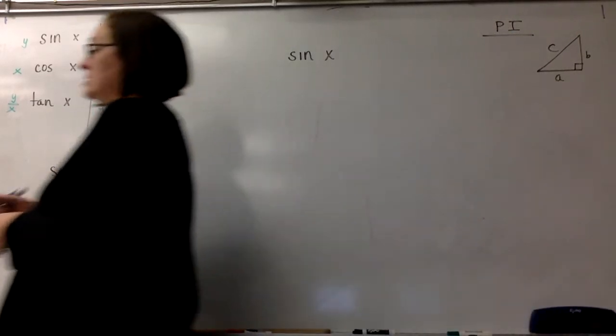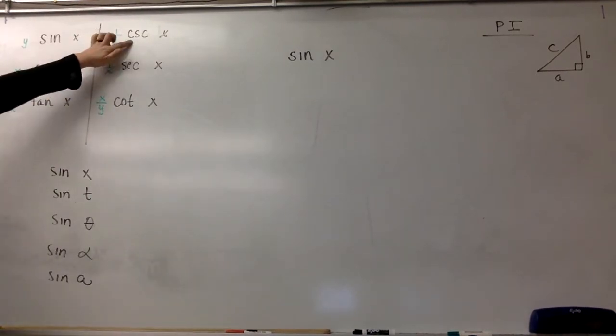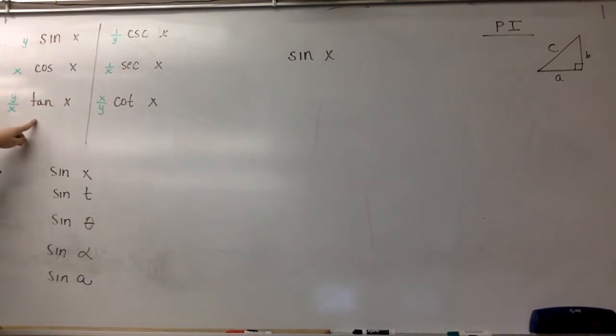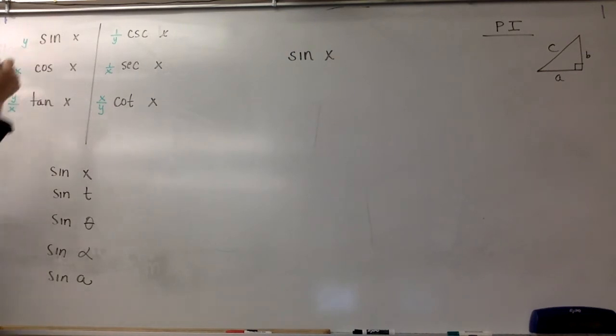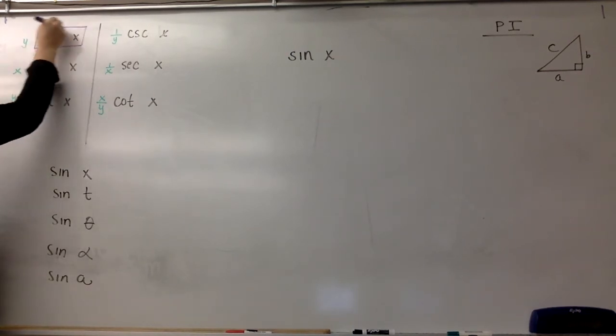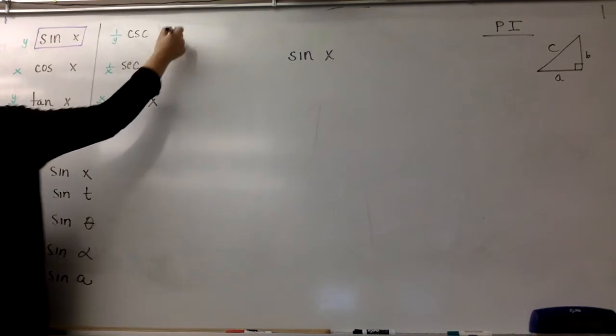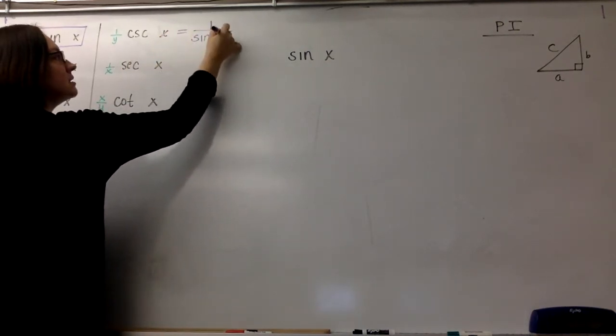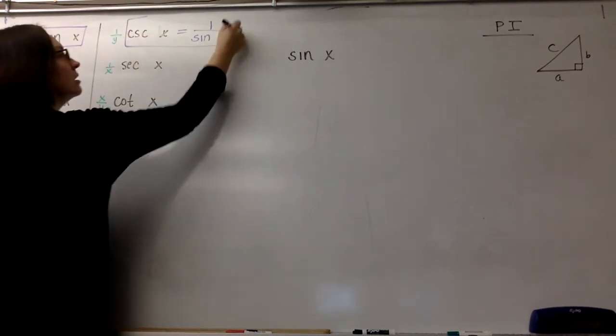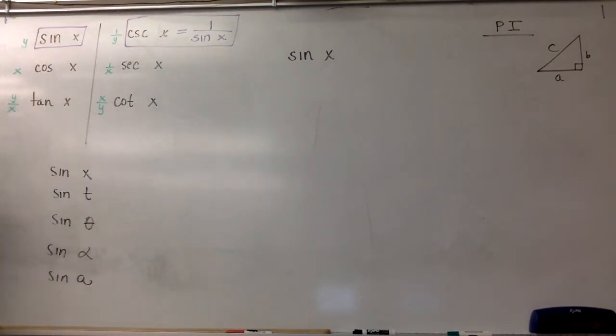The reason why I want to review them is because we are now going to take cosecant, secant, cotangent, and tangent, and we're going to redefine them in terms of other expressions. So here's what I mean by that. Sine of x is sine of x. That's going to stay the same. But cosecant of x now can be 1 over the sine of x. First new alternate expression.